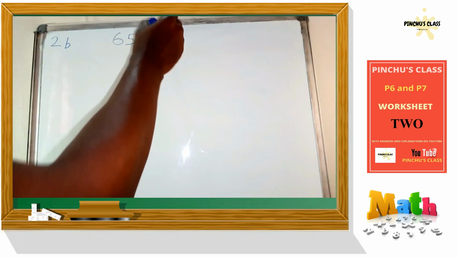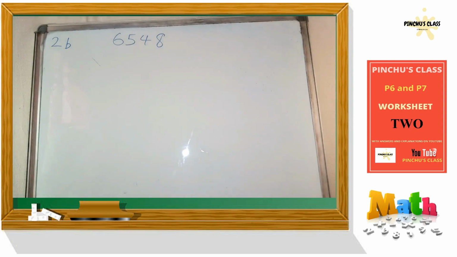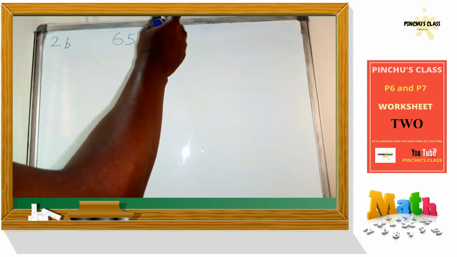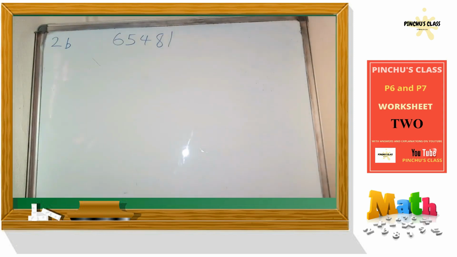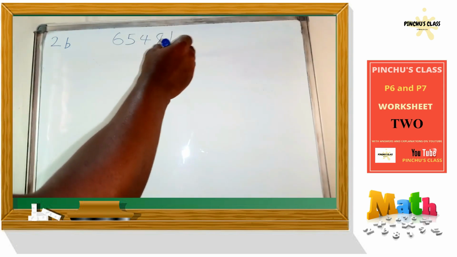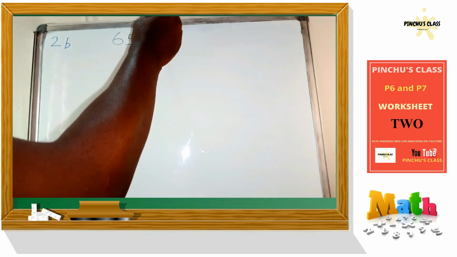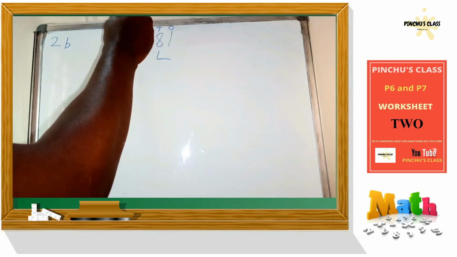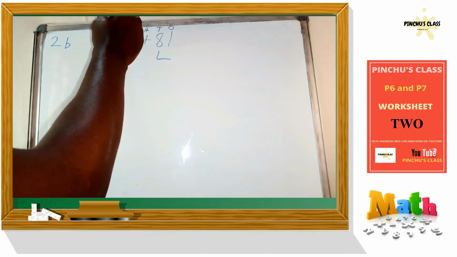Value of 5 and the value of 8 in this figure: 65,481. So we are looking at what is the product of the value of 5 and the value of 8. We have to first get the value of 8, which is, remember, these are ones, tens, hundreds, thousands, 10,000s.